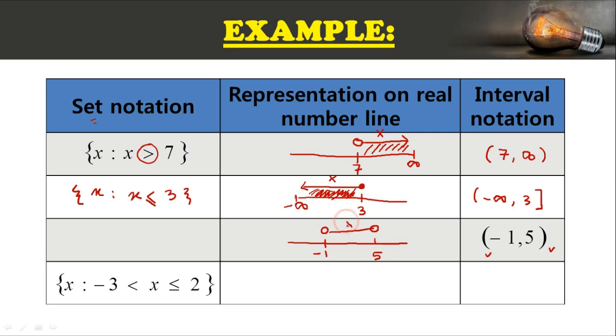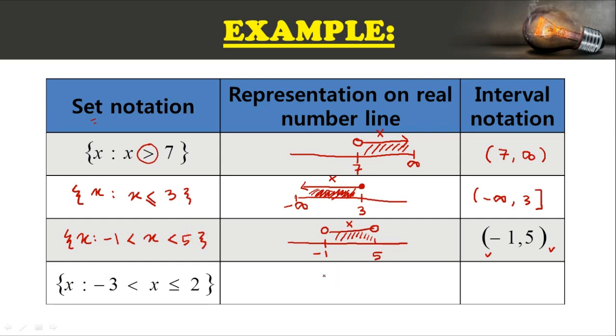Okay, so the line actually, this is our X. So ini kawasan X kita. When X is between negative 1 and 5, so X open, so greater than negative 1. Okay, yang ni pun open, so 5. Okay, so X ni between negative 1 until 5, because X is greater than negative 1 and X less than 5. So this is how to write the inequality. But for set notation, don't forget X double dot and the curly bracket.